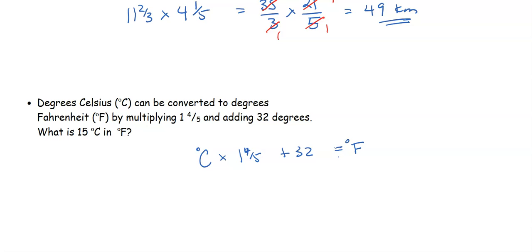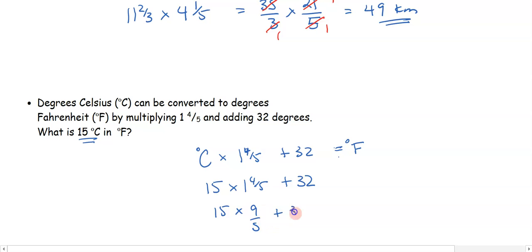So if I have 15 degrees Celsius, what is it in Fahrenheit actually? Well, I'm going to take 15, I'm going to multiply it by 1 4/5 first, and then I'm going to add 32. So I'm going to take 15, change this to improper, 9 over 5.